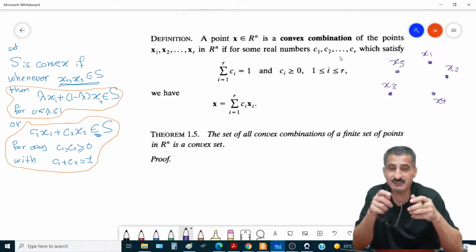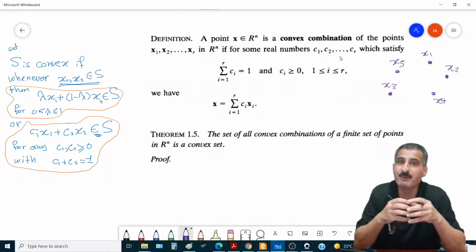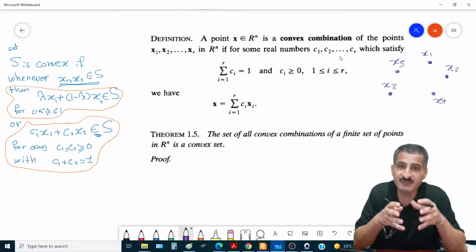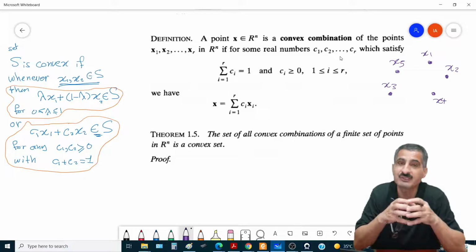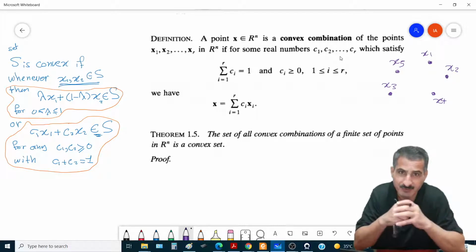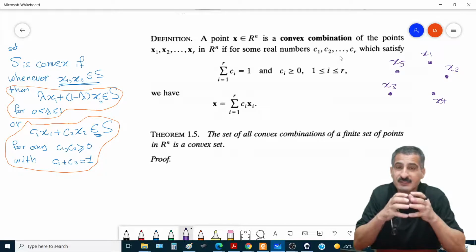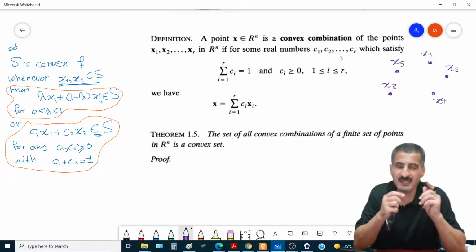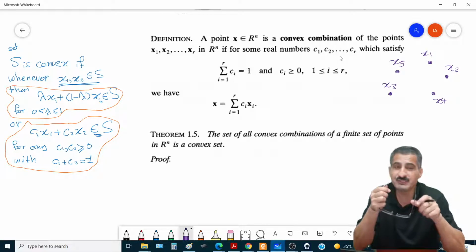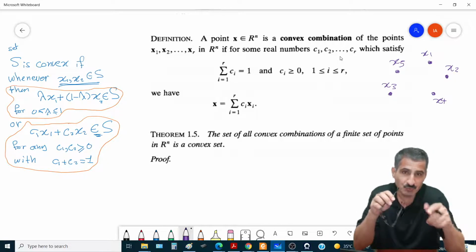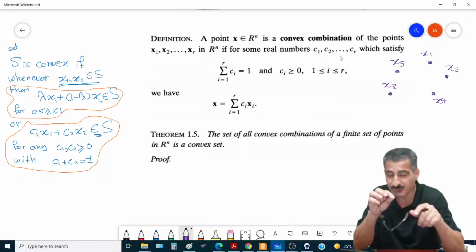This means I want all the possible convex combinations of x1, x2, x3, x4, and x5. In fact, that includes any point that could be on a line segment joining two of these.